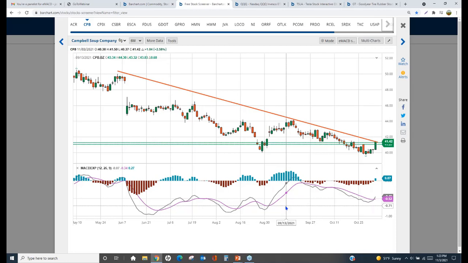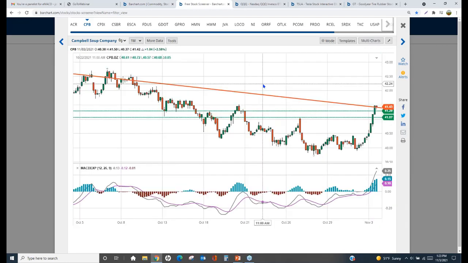Now, I'm not going to stop there. I want to also take a moment and look at a bigger picture and a smaller picture in terms of MACD. First, let's go to a smaller time frame. This is a 1 month chart, and the 1 month default is 60 minutes.